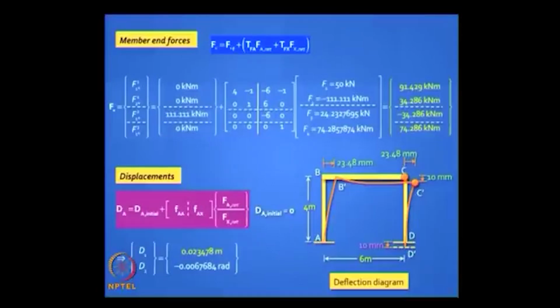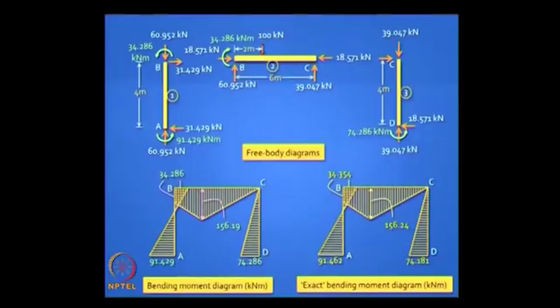So we have tackled this problem in many different ways, we are very clear what is going on. Proof of the pudding is in the eating, which means the answers should match: completely different methods and same answers. Finally your free body diagrams, bending moment diagram, compare these two diagrams, exact with axial deformations and without axial deformations, it is all the same.